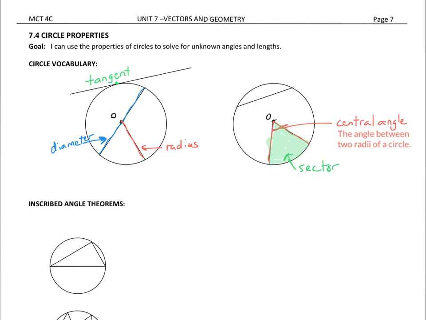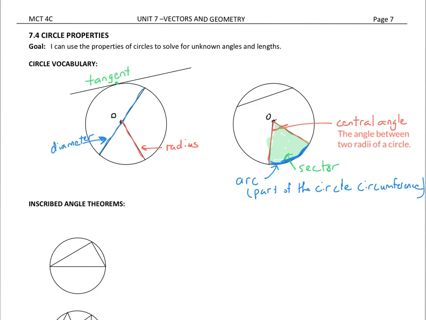I'm also going to trace out this, and that is an arc of the circle. Just a part of the circumference is an arc. So this terminology is probably a lot newer to you. Okay, so part of the circle circumference.